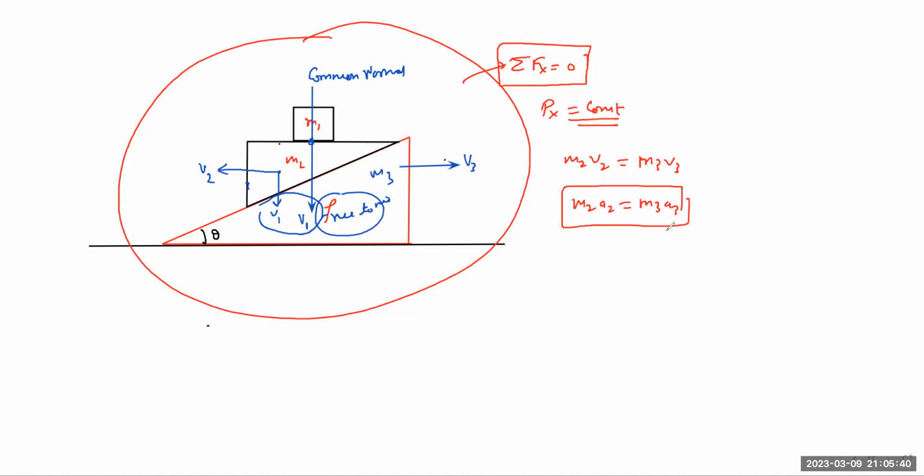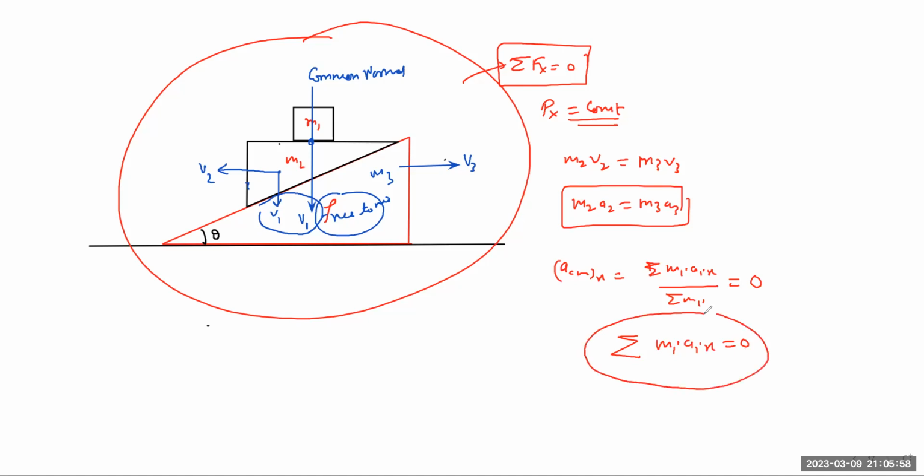Because we know that ACM x is the summation of M_i A_ix upon M_i, and because this is 0, what can we write? Summation of M_i A_ix equals 0. This is the fundamental equation for such questions, which one should know. So we are going to involve center of mass also in solving challenging questions of laws of motion.